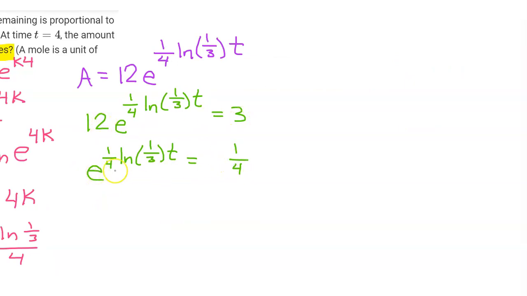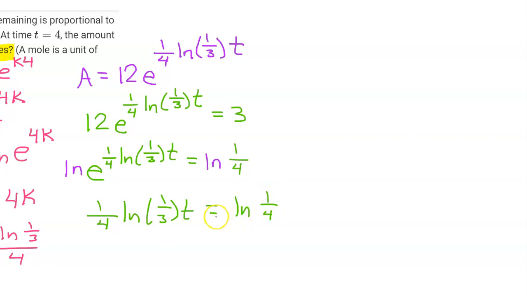I can make the e go away by taking the natural log of both sides of the equation. Natural log and base e are inverse functions, so they cancel each other out. That's going to leave behind the 1/4 natural log 1/3 times t, which equals natural log 1/4.